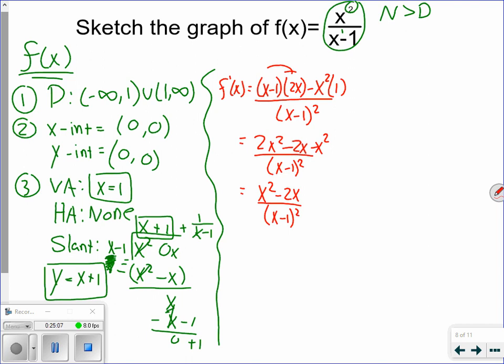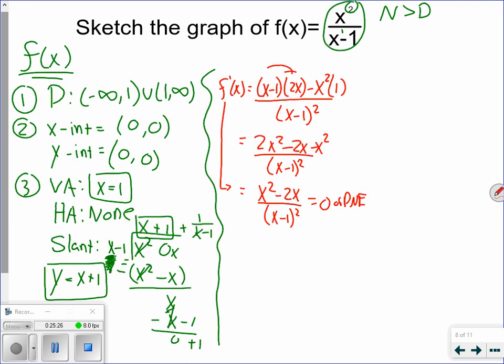So we've got the first derivative. And remember, we use the first derivative to find increasing, decreasing, and maxes and mins. So I think it's good if we set this equal to 0 and does not exist to solve.